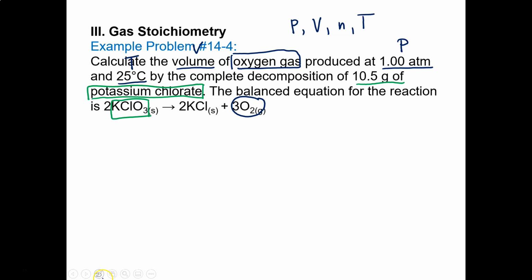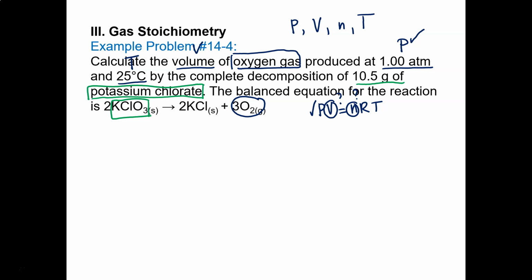So if you want to use the equation PV equals nRT, you have here pressure, and they're asking for volume, so that's my missing variable. Then look for n. You actually don't have n right now, so n is also a question mark.